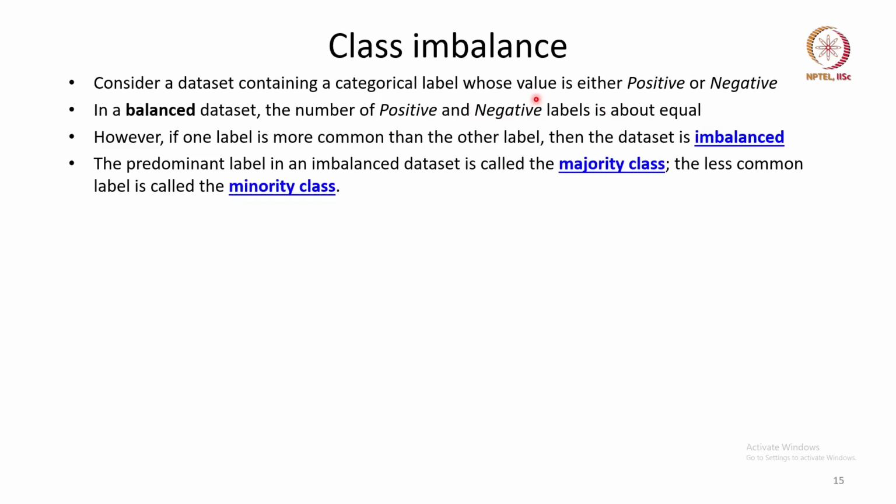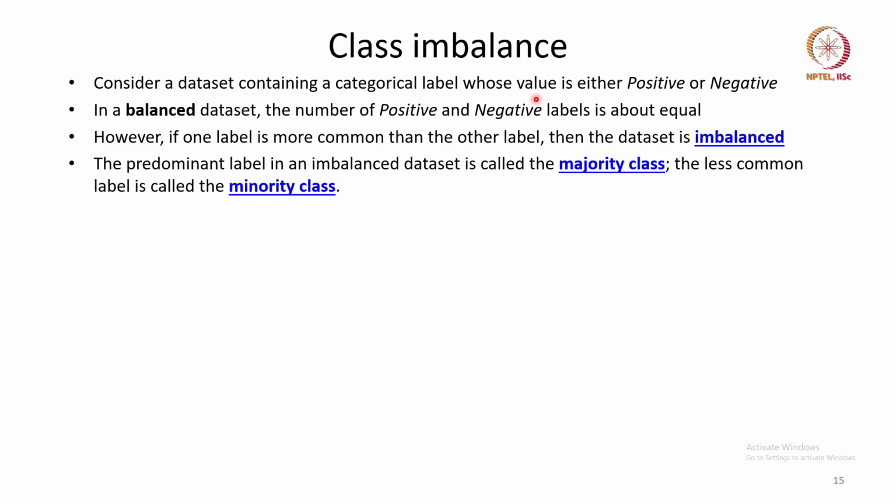But if one label is more common than the other label, it's imbalanced. Generally, you call them the majority class and the minority class. The class having more examples is called the majority class, and the one which has fewer examples is called the minority class.